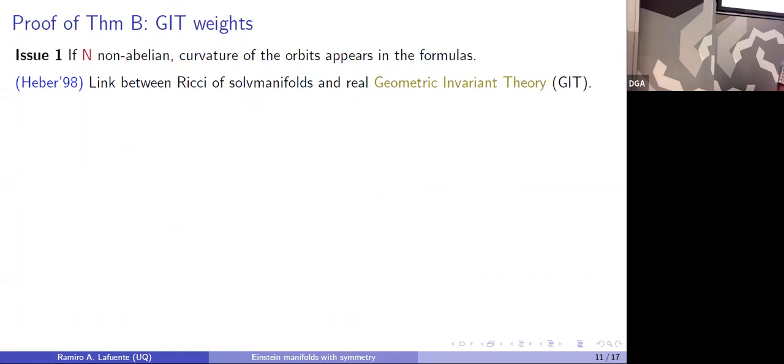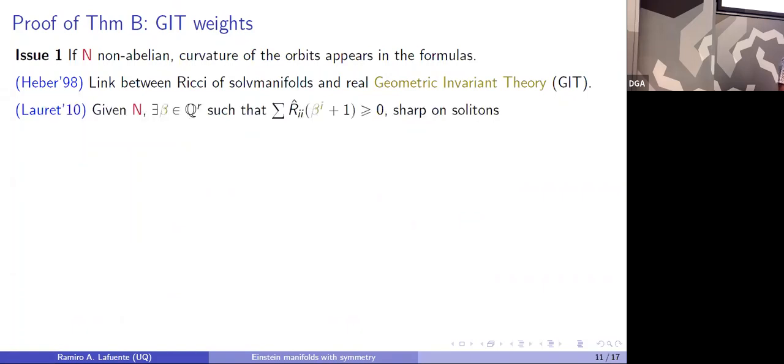To give you a flavor of what this means, given any nilpotent Lie group, there exists some set of rational weights such that you have this estimate for the Ricci curvature of any left invariant metric on N. So you trace the Ricci, weighting it with these mysterious weights coming from geometric invariant theory.